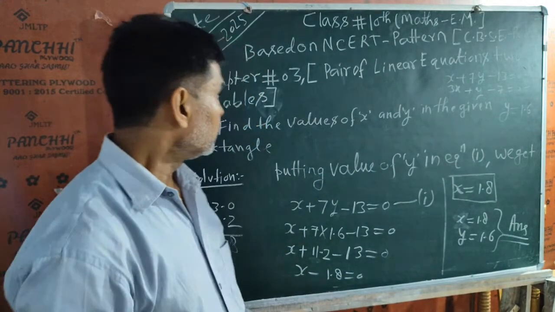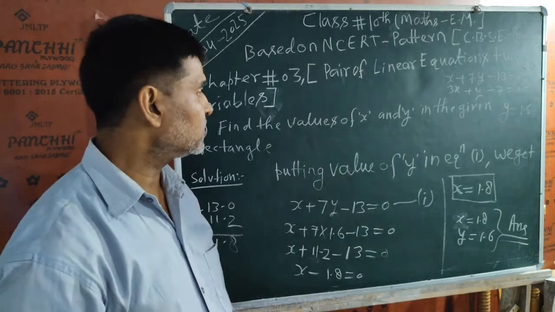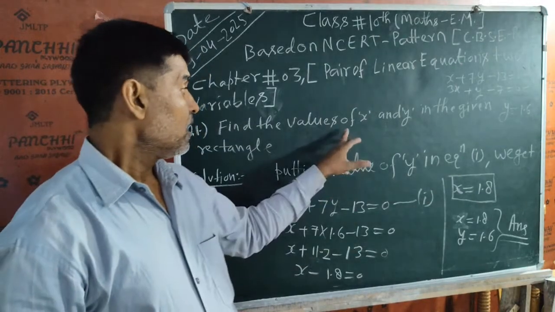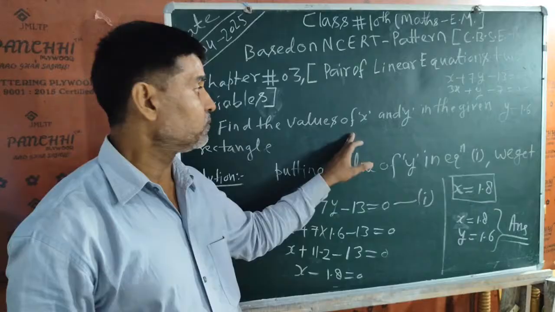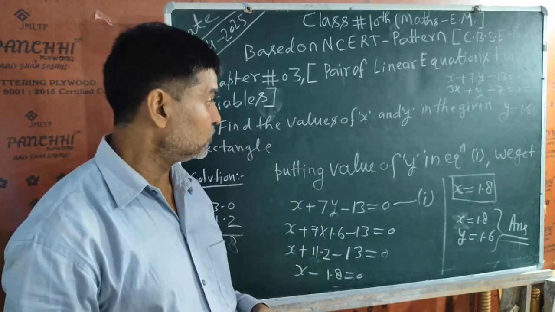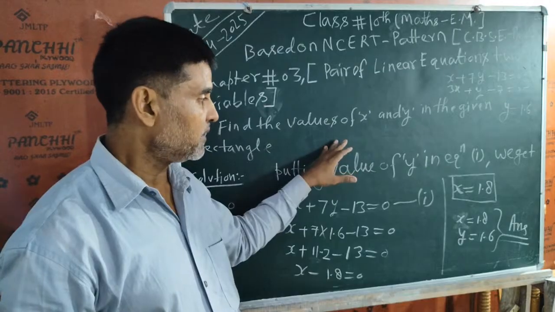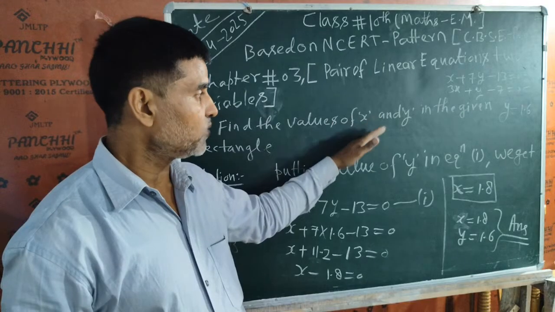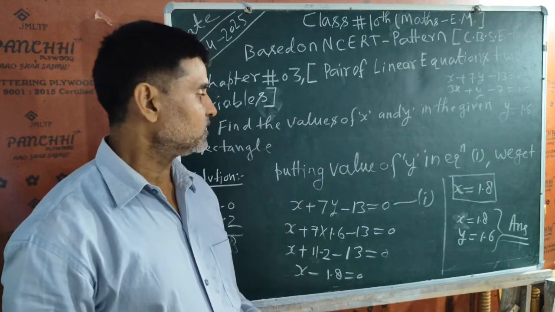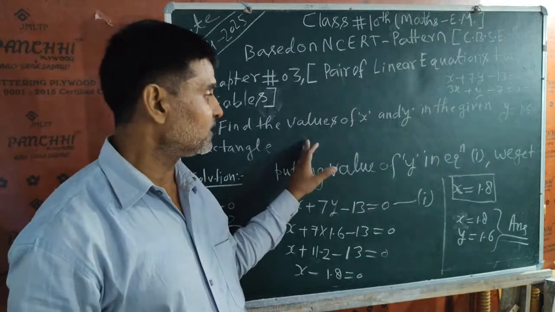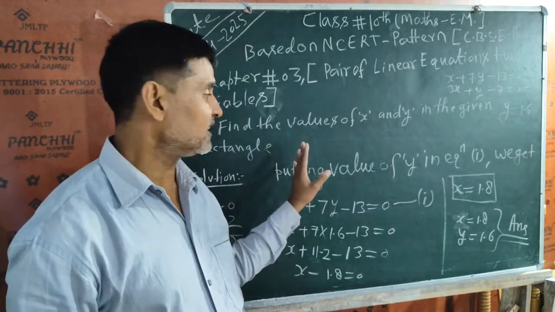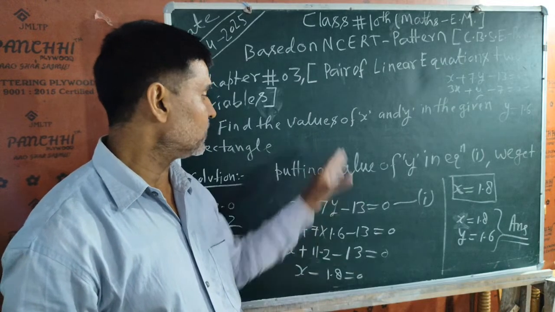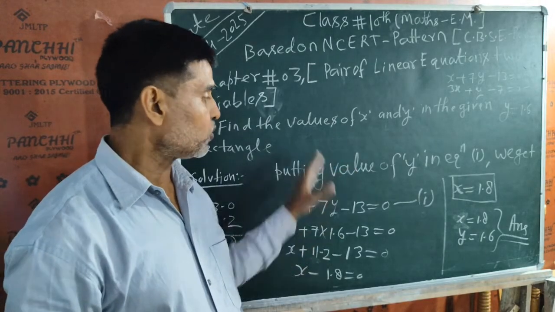Okay, students. Now, if any question is given, we have to use the concept of figure properties, and then I will use those concepts to make linear equations in two variables. After writing the linear equations in two variables, I will solve. In the case of a rectangle, there are four angles and all four angles are equal, that equal value is 90 degrees, and opposite sides are equal.